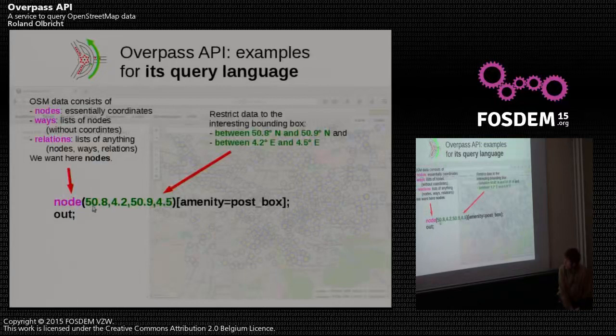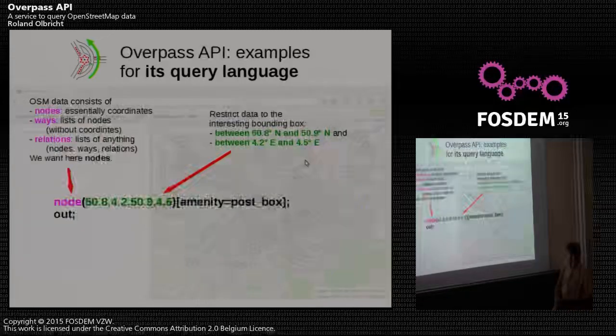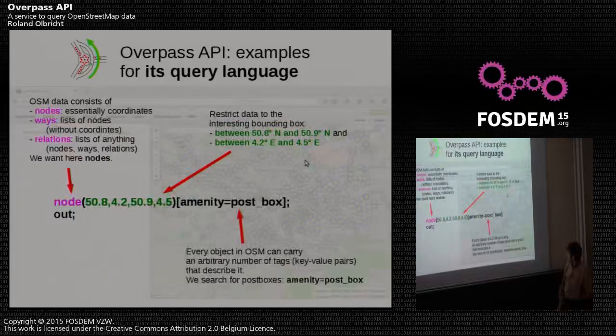For the sake of simplicity, I've chosen to supply a bounding box. This is the bounding box between 50.8 degrees and, yes, you can read this. And every object in OSM can carry an arbitrary number of tags. This is essentially what makes content in the database. You annotate these coordinates with the property of being a post box or being something else, being a bus stop or being whatever.